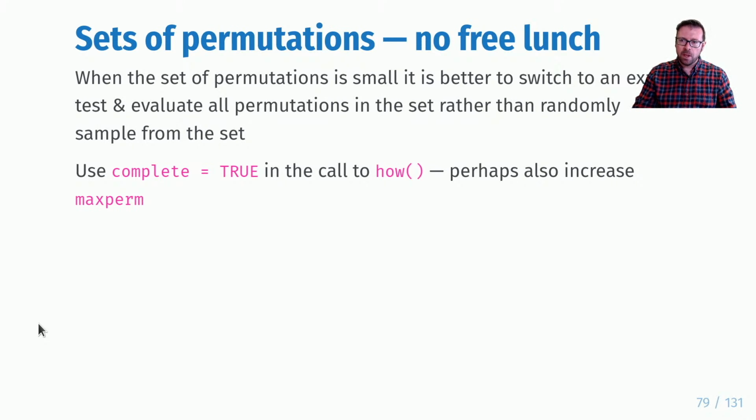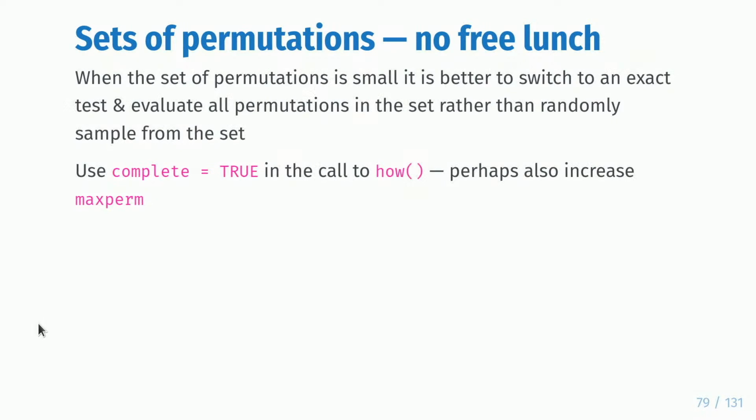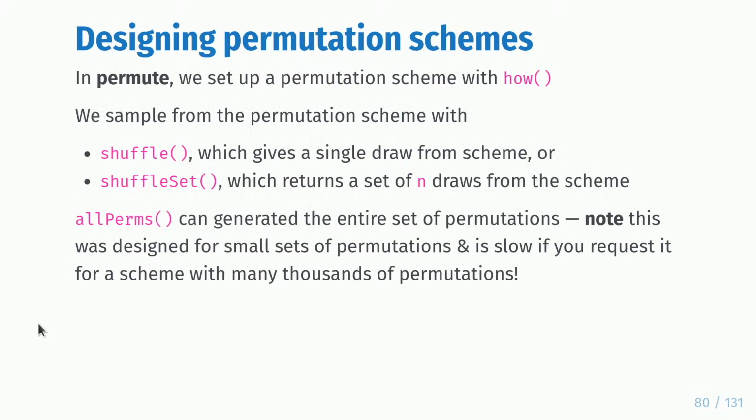Often when there are relatively few permutations possible, like on this one where you only had 20 possible permutations, it's better to switch to an exact test where we evaluate all of those possible permutations rather than doing the random test and selecting them randomly. You can force that by doing complete equals true in your call to how.